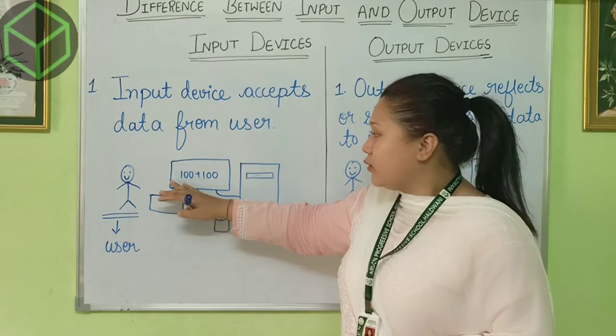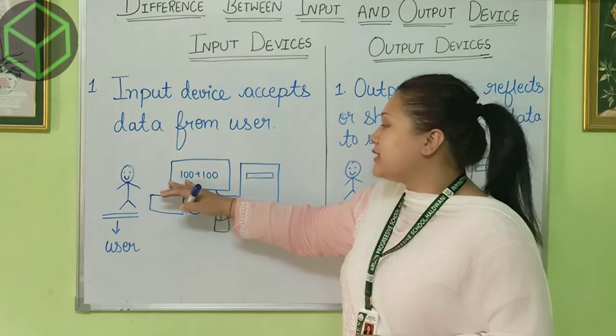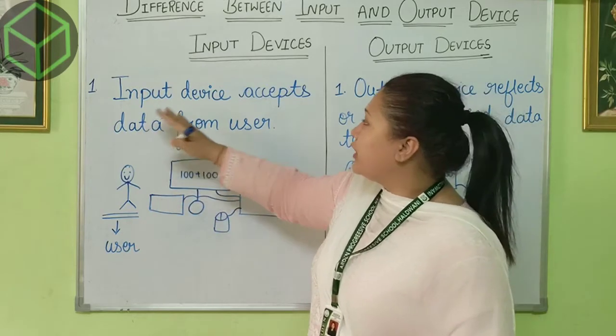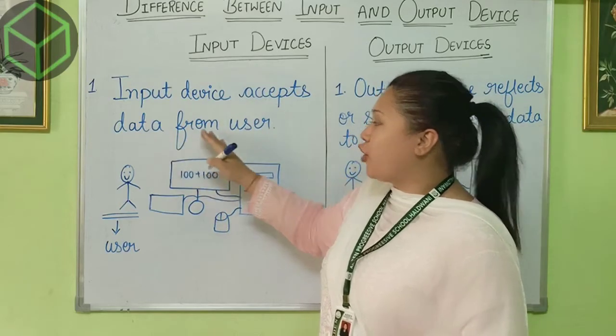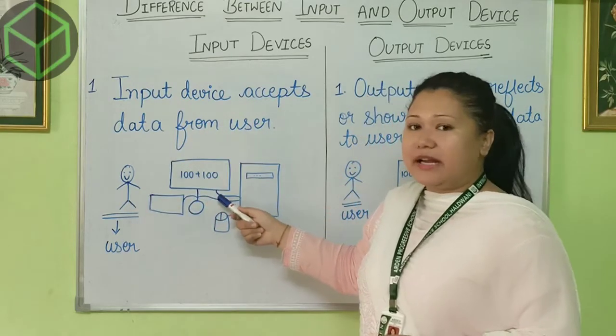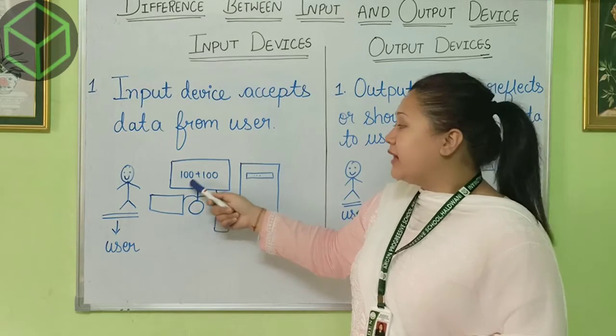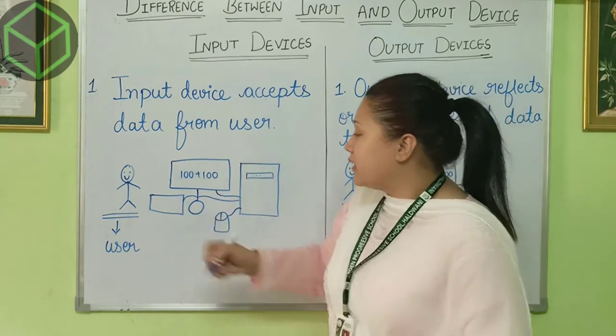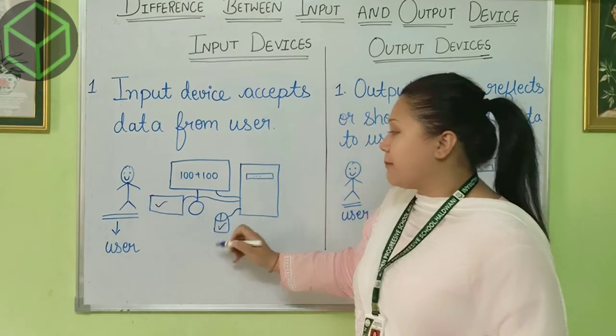You can see the user has given his problem, that is 100 plus 100. Okay, so input device accepts data from the user. So the user is giving data to the computer system, and this is the computer system, and this is the input device.